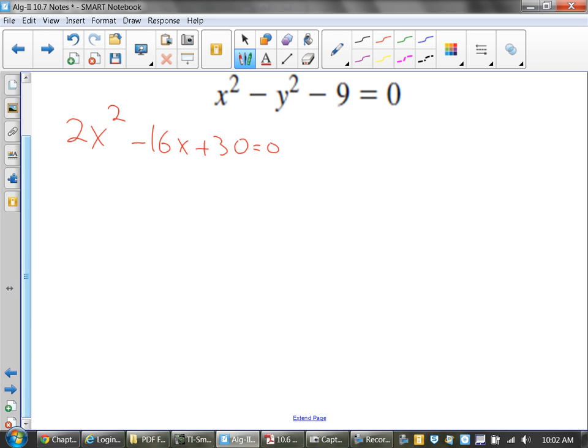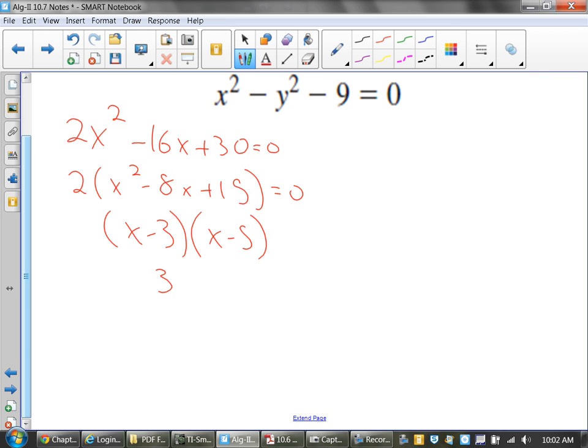Again, factor out the 2. So you have x minus 3, x minus 5. So you have possible zeros of 3 and 5. Everybody agree on that? Yeah. Okay. List them out.